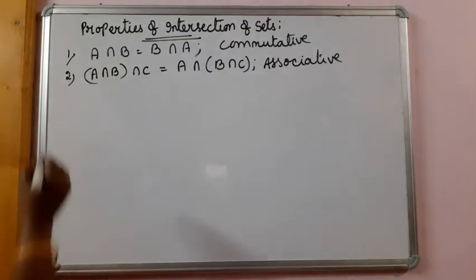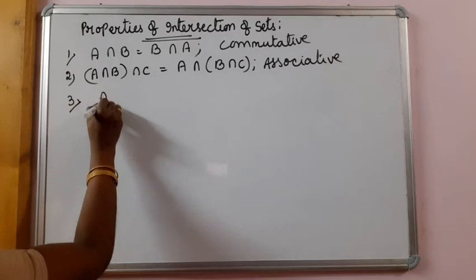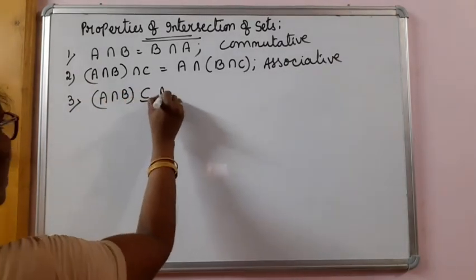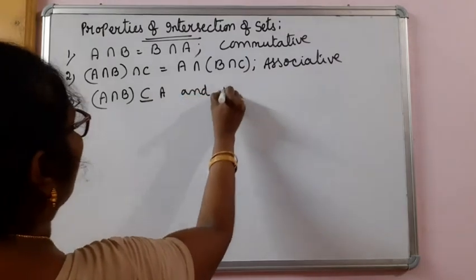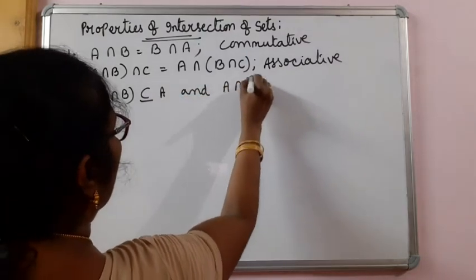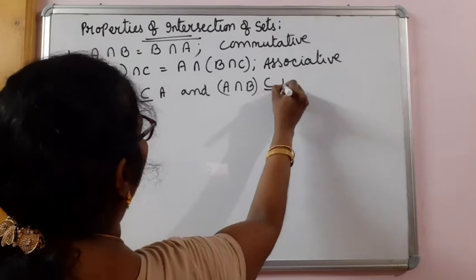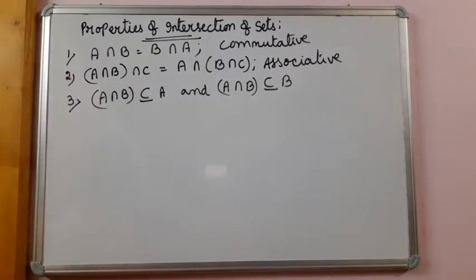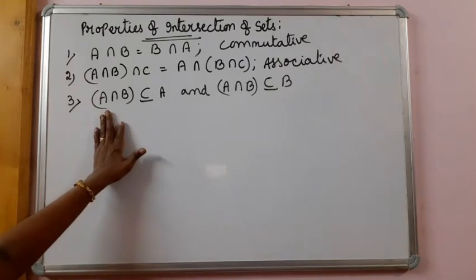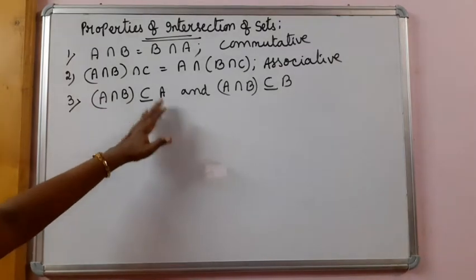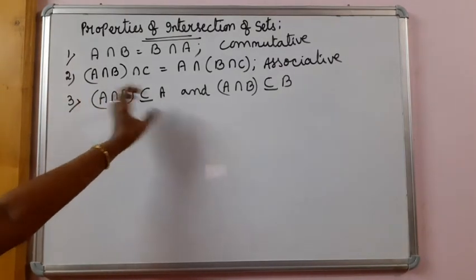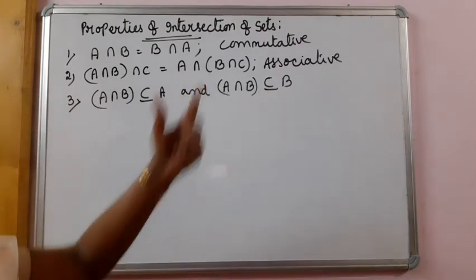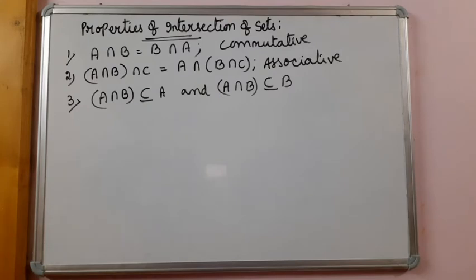And your third property is A intersection B is always a subset of A, and also A intersection B is a subset of B. Because A intersection B means common to both. That means in A, the common elements will be there. In the same way in B also, the common elements of both the sets will be there.